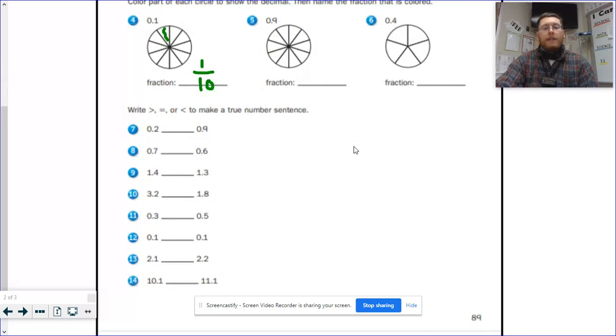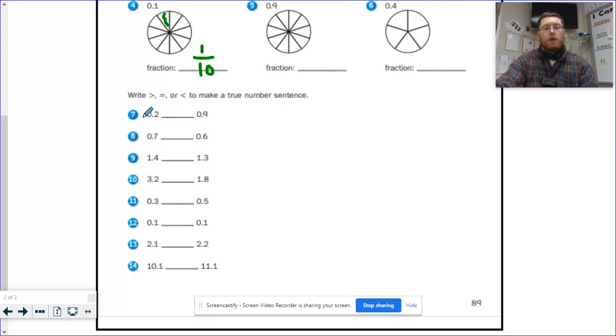And then finally, 7 through 14, we're going to do number 7 together. So I have 2/10 and 9/10. If I were to draw these out with a model and break these into 10 pieces, I would have to color in how many pieces for each. This, I would color in only 2 pieces. This, I would color in 9 total pieces. Well, would you rather have 2 pieces of the pie or 9 pieces of the pie?